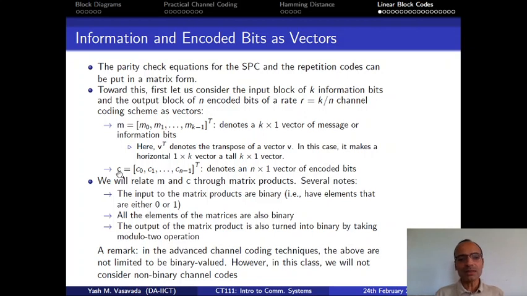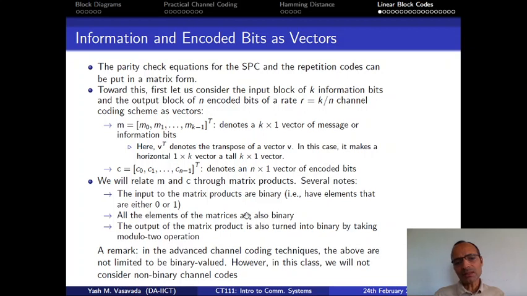Even the matrices are binary. And the matrix products are not the ordinary integer valued products, but at the end we take a modulo 2 operation so as to make sure the result is also binary valued.